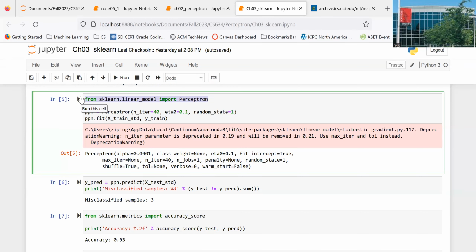Then you use the scaled data to train. To train, we just call the method to train.